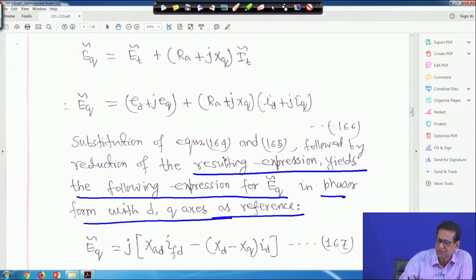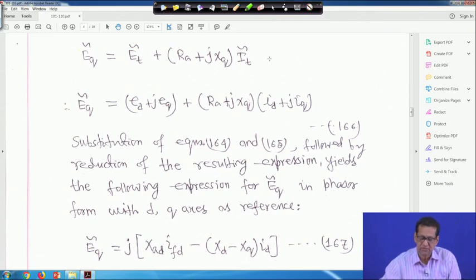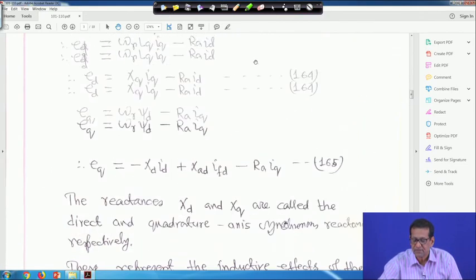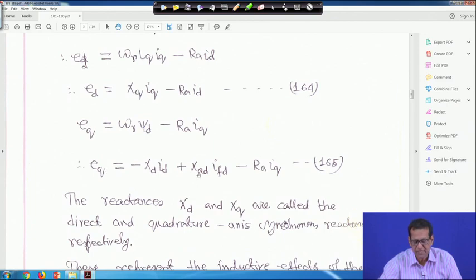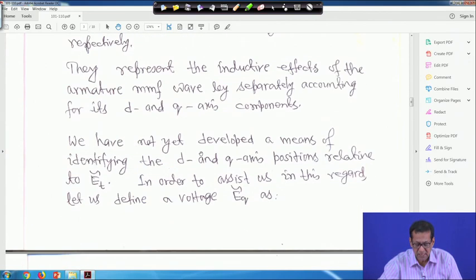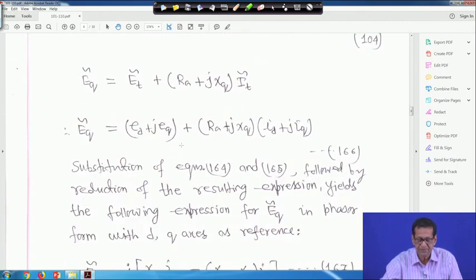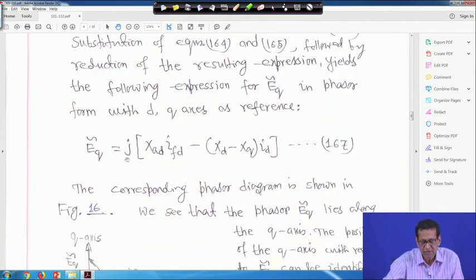That is, in equations 164 and 165, the ED expression and EQ expression, you substitute and simplify. Then you will get EQ tilde equal to J into XAD IFD minus in bracket XD minus XQ into ID. This is equation 167. That means it is a pure imaginary quantity, so this EQ tilde will lie on the Q axis, right.